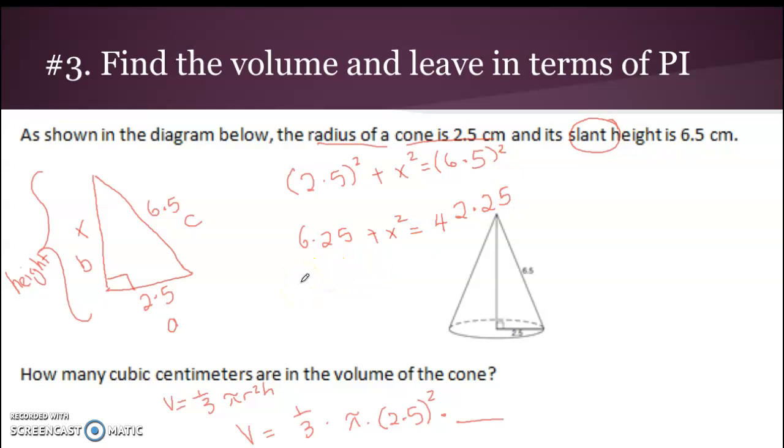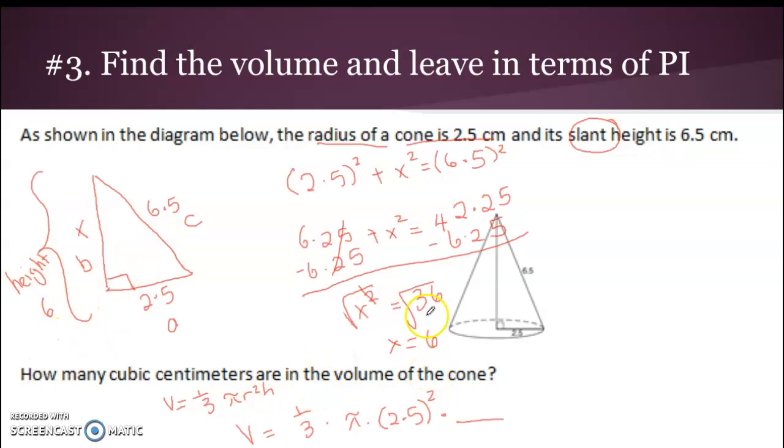Now, to get x by itself, we subtract 6.25 on both sides. This cancels. You're left with x squared equals 36. Take the square root to get rid of the square. Your x is the square root of 36, which is 6. So the height here is 6.